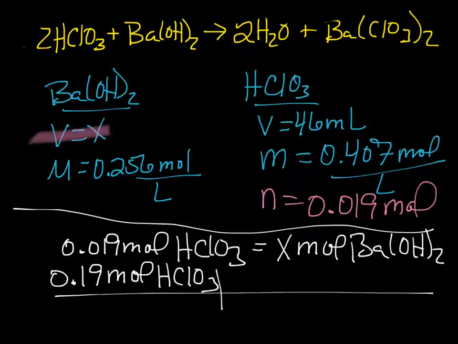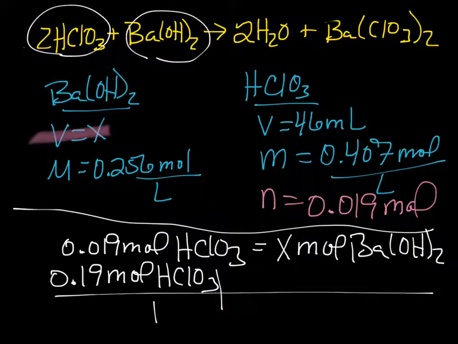Put the given over 1. Now, to convert from mole of one thing to mole of the other, we're going to use the mole-mole ratio from the balanced equation. And we're interested in this guy and this guy. So we will have 2 mole, except for somebody could tell me I wrote this wrong, 0.019.